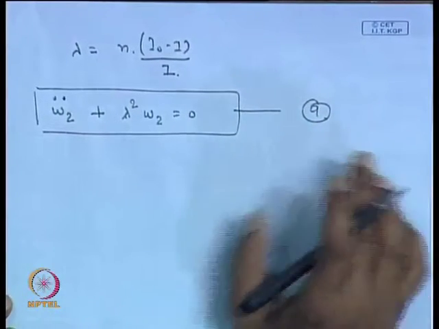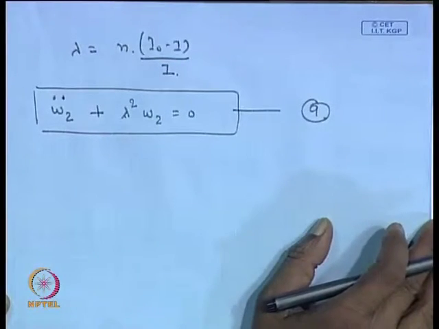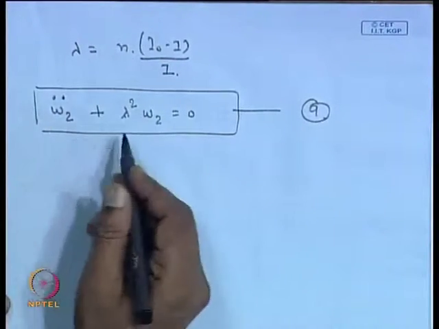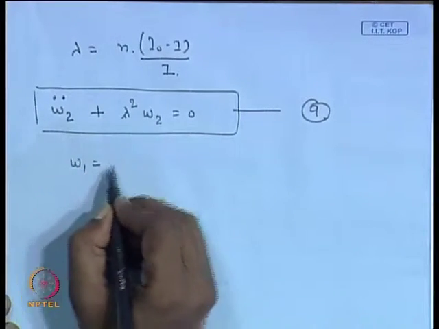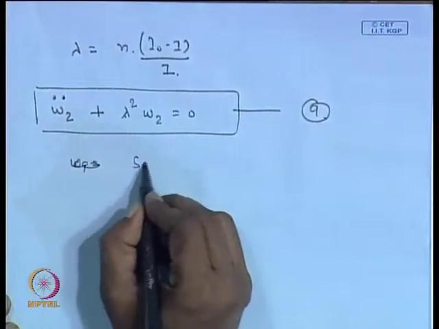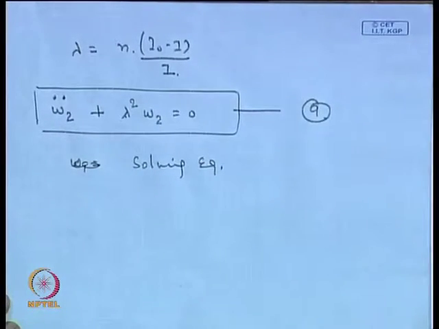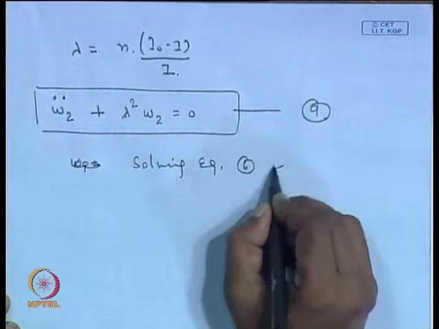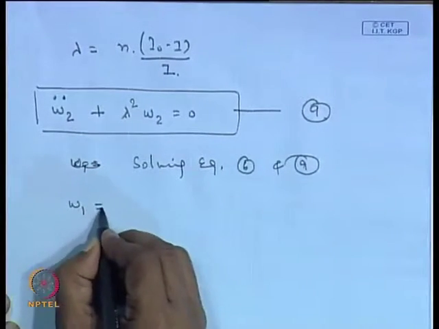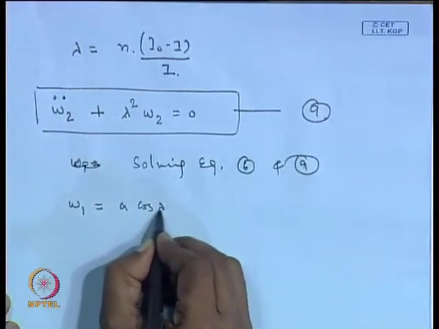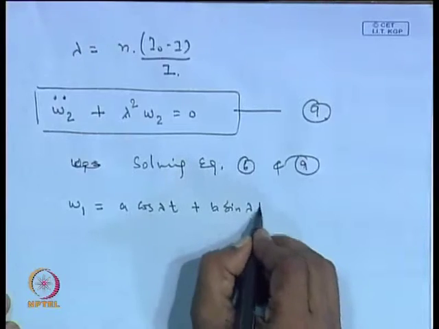Okay, so, we have got two harmonic equations. Now, this can be solved easily. So, omega 1 can be written by solving equation 6 and 9. This gives us omega 1 is equal to a cos lambda t plus b sin lambda t.